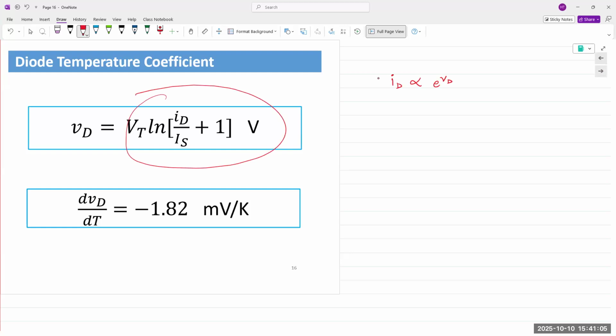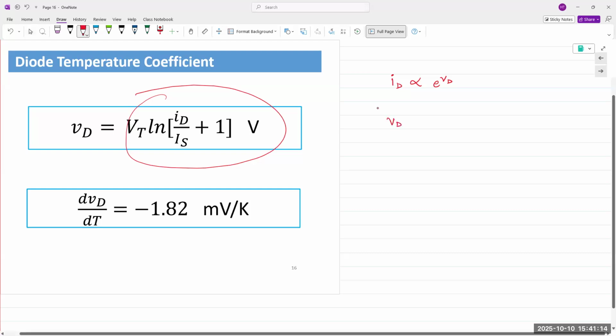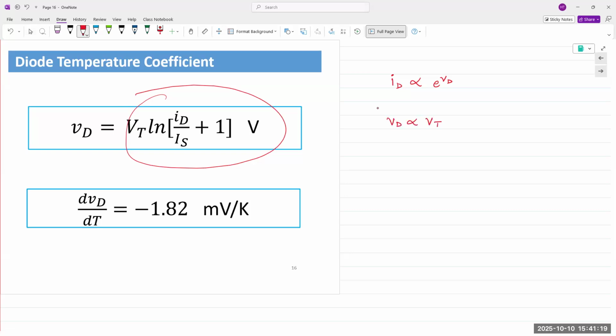The important takeaway from this equation, though, is that diode voltage is directly proportional to thermal voltage, VT. And thermal voltage is KT over Q. K and Q are constants. Therefore, diode voltage is directly proportional to temperature.